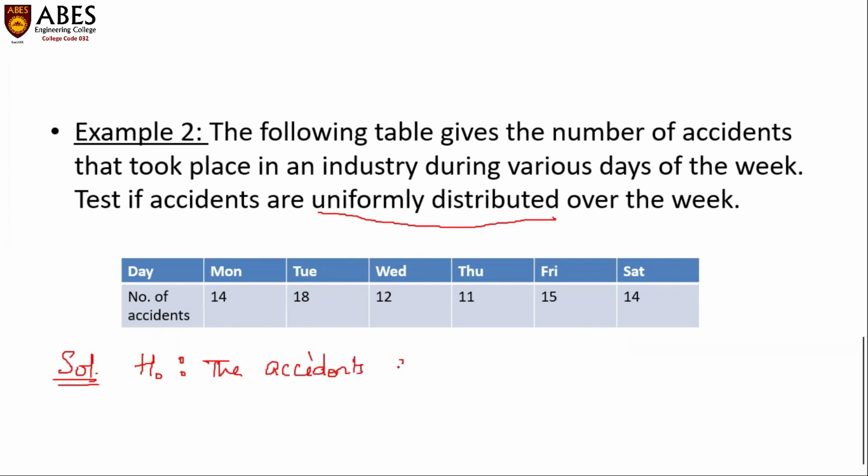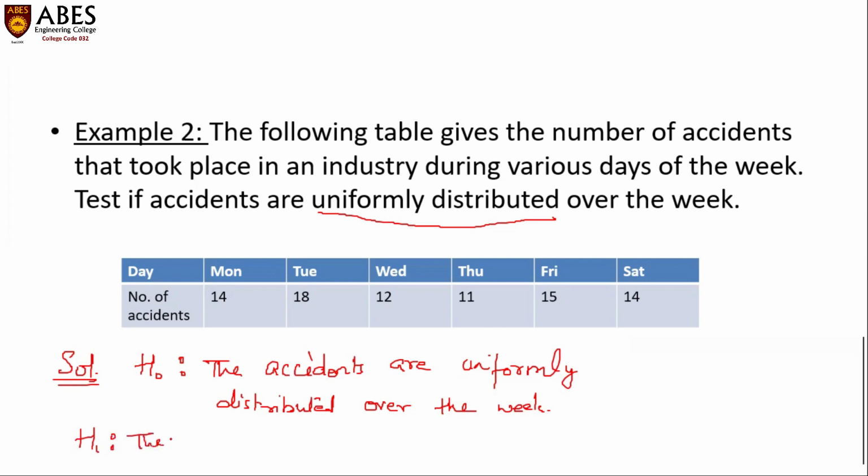uniformly distributed over the week. In H1, we take the contradiction of H naught, that is, the accidents are not uniformly distributed.